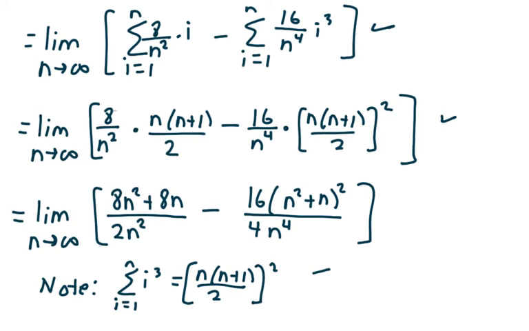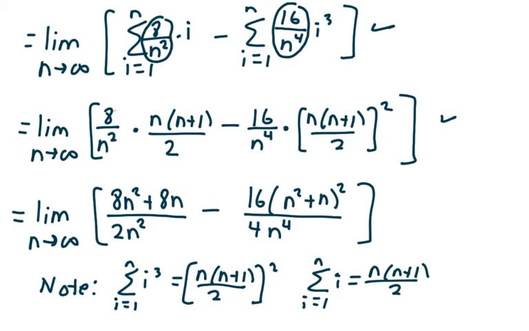Also, the summation from i equals 1 to n of i is n times n plus 1 over 2. And so this 8 over n squared is behaving like, quote-unquote, a constant, and same with 16 over n to the fourth. So remember, the index is i. All right, that's the hard part.